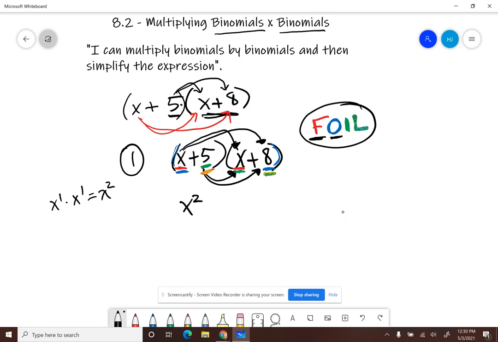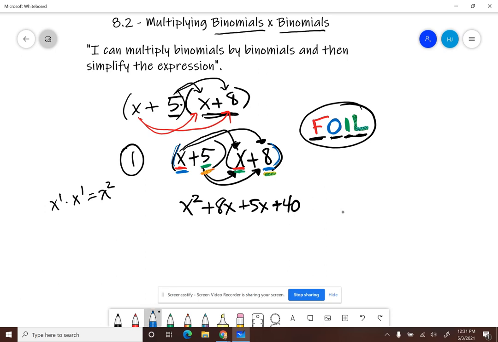X times 8 would be positive 8x. Now I'm going to take my green terms here, which are 5 and x, or my inner terms. So 5 times x is positive 5x. And then last but certainly not least, I'm going to look at my last terms. So 5 times 8 would in fact be 40. What I want you to think about here and look at is, do we have any like terms?